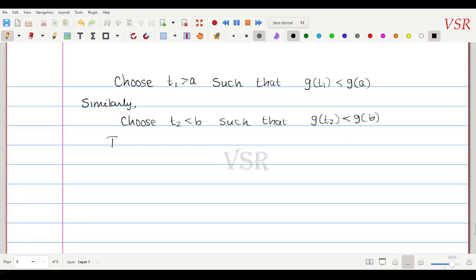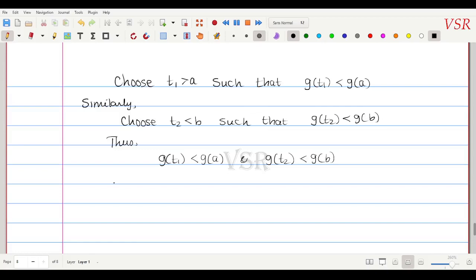Thus, we have g of t1 which is smaller than g of a, and g of t2 which is also smaller than g of b.